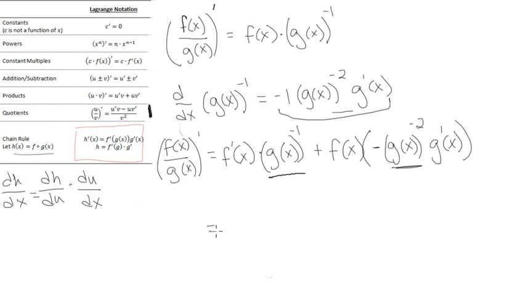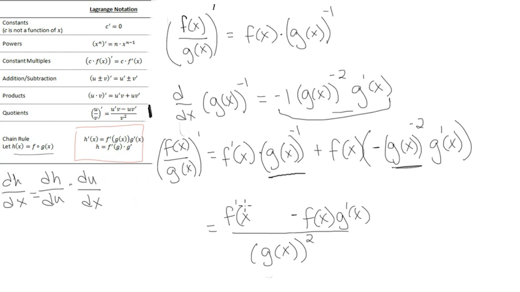So I'm going to ask, how can I rewrite this with g of x squared on the bottom? Well, on the second term, it just cancels out, and we're left with negative f of x g prime of x. With the first term, I have to multiply this by another g of x. So I get f prime of x times g of x.